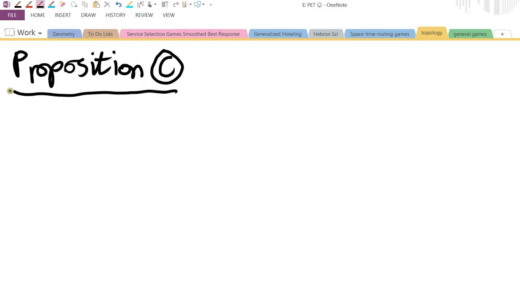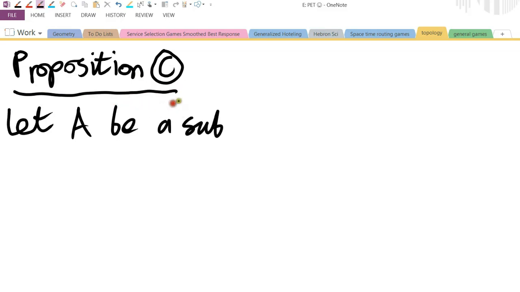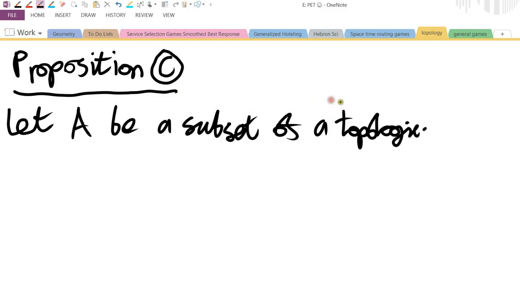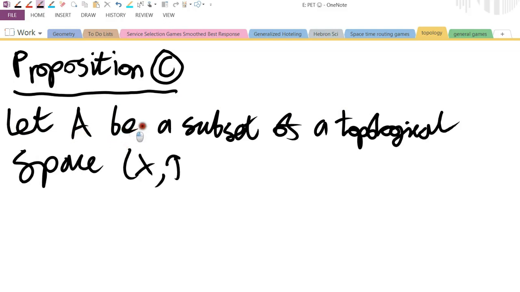So let A be a subset of a topological space X tau.